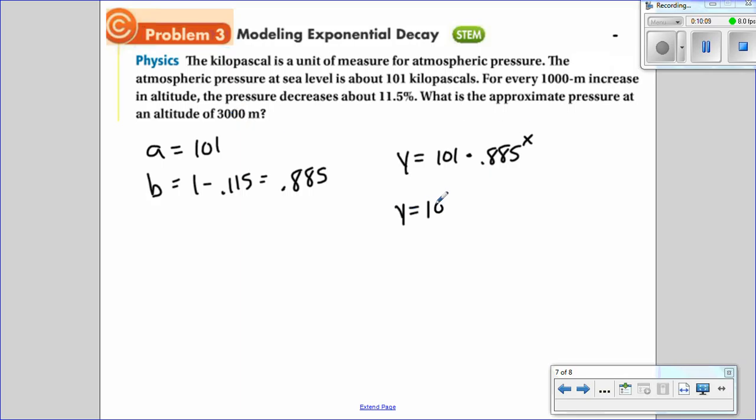So if we plug in 3 for this, we should get a value of approximately 70. And so that would be 70 kilopascals of pressure. Okay, and that is growth and decay.